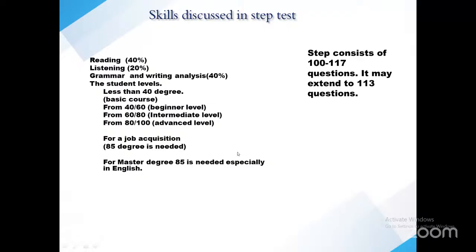Okay, maybe until 100 is okay. But for a master's degree in other specializations, you do not need to get 85. You can pass with 60 degrees. This could be accepted, especially in Arabic, if you are a teacher of Arabic.